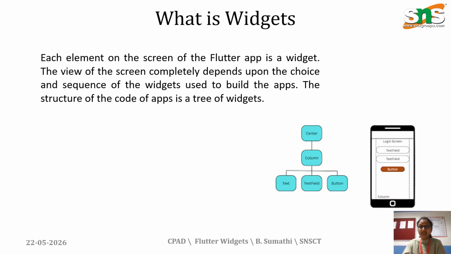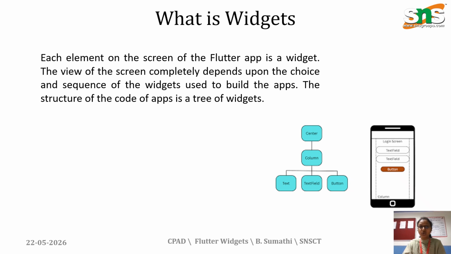What is a widget? In Flutter, each and every element is called a widget. The proper definition of a widget is: each element on the screen of the Flutter app is a widget. The view of the screen completely depends upon the choice and sequence of the widgets used to build the app.